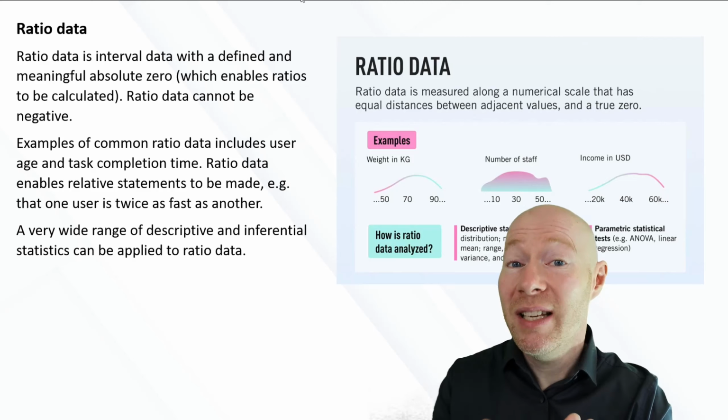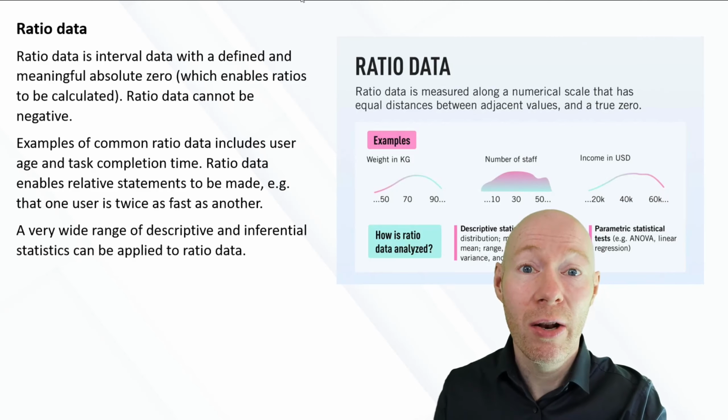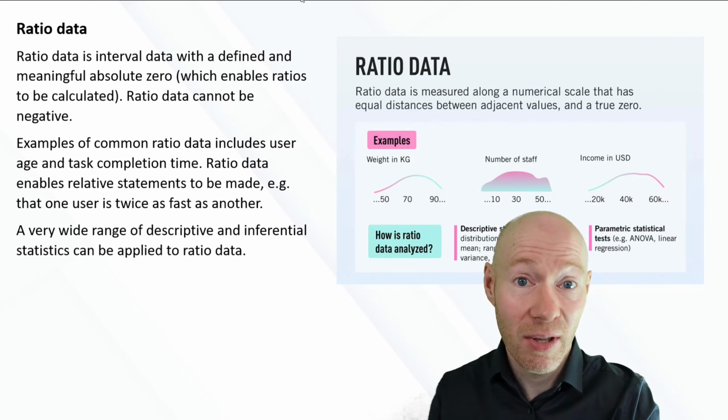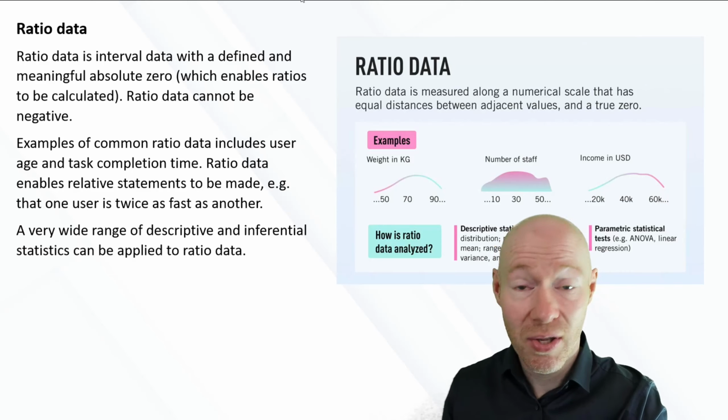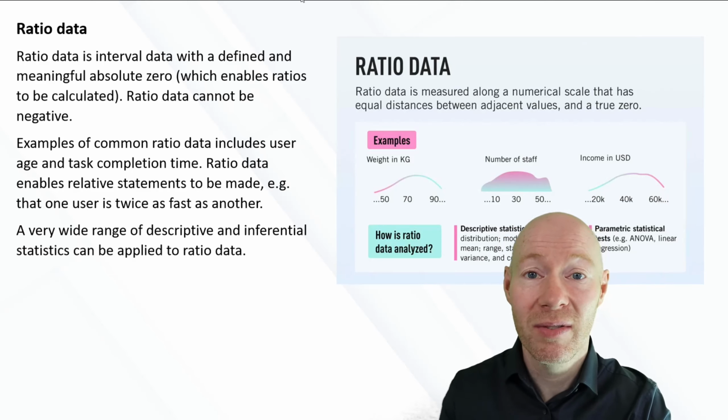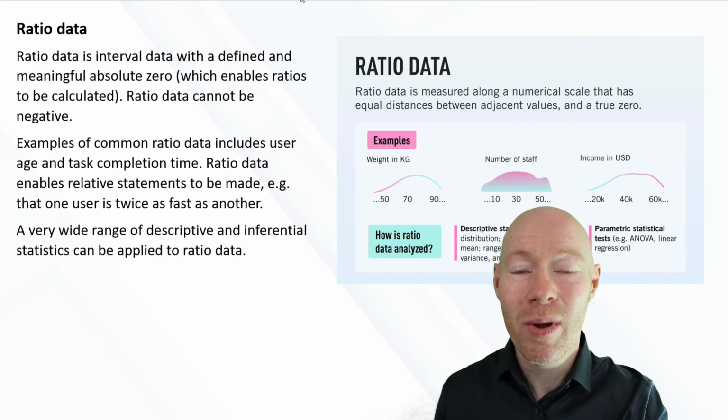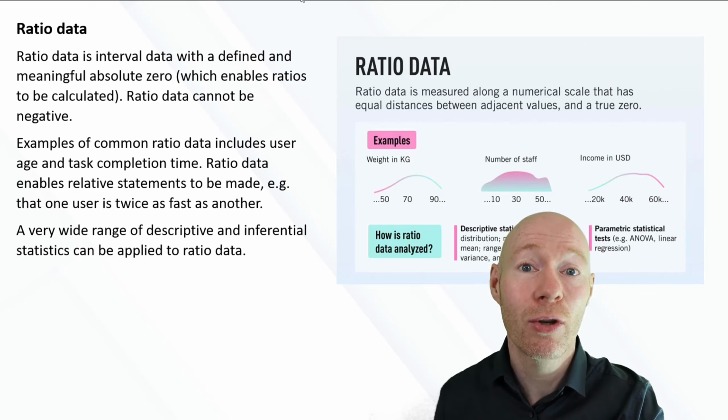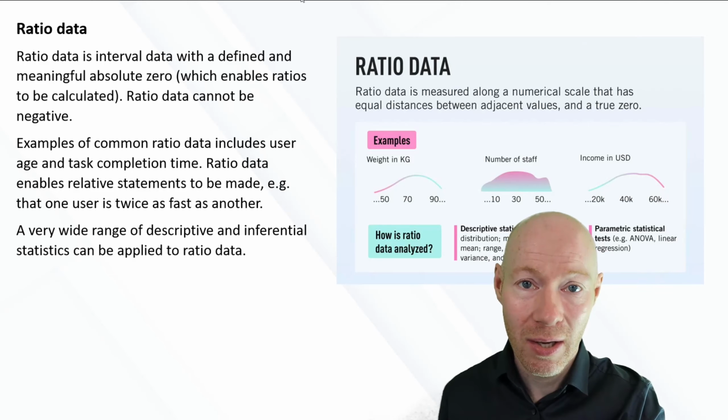Whereas completion time, where we measure how long it takes the user to complete a particular task, so it starts at 0 and then takes a certain amount of time, that is meaningful. There we can meaningfully say that one user took twice as long as another to complete it.